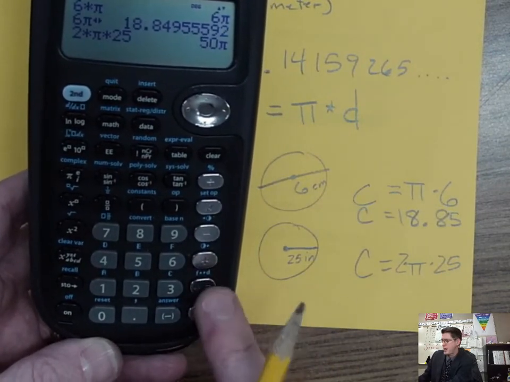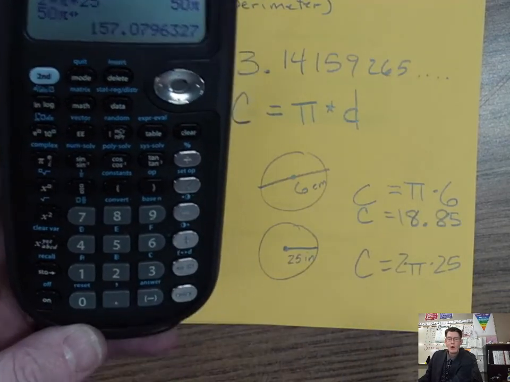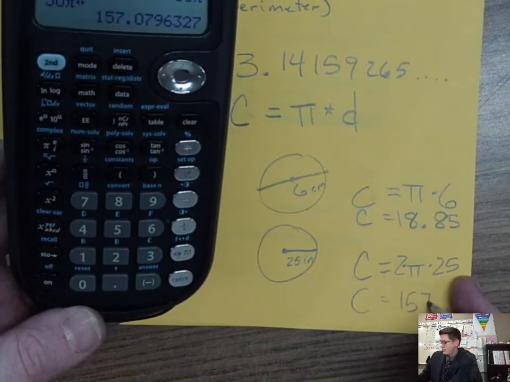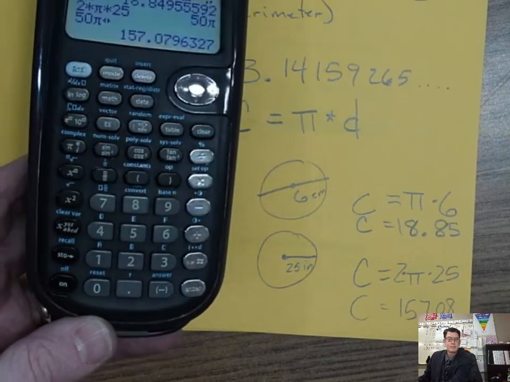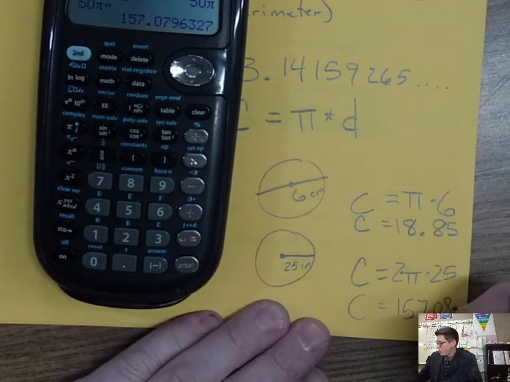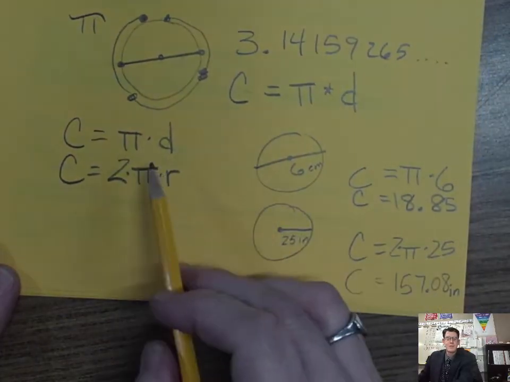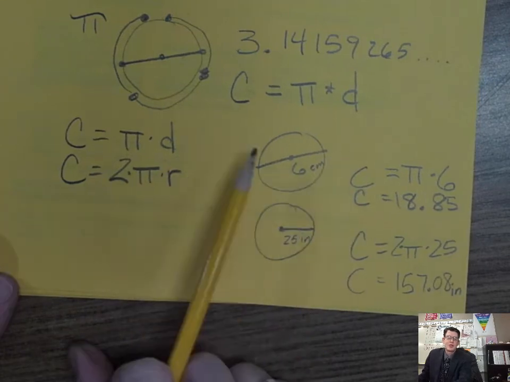It's 50 pi. Or when I push this button to give me a number without pi in it, 157.08 inches is about what that is. So to find the circumference, you just multiply pi times the distance, because it's about 3 of them.